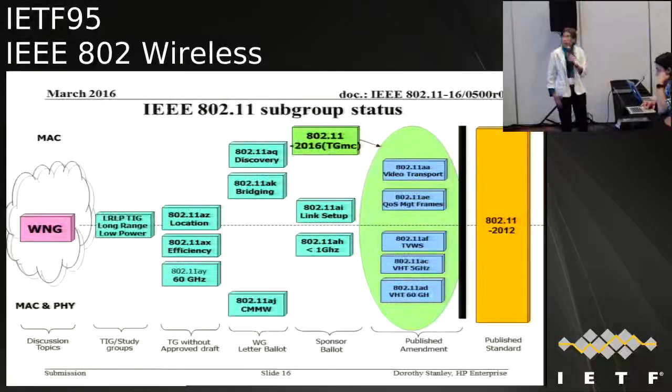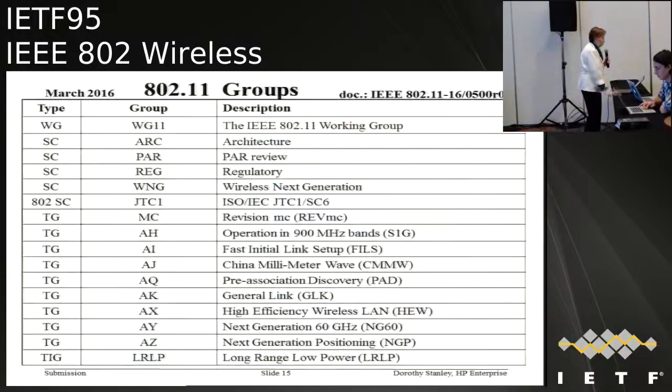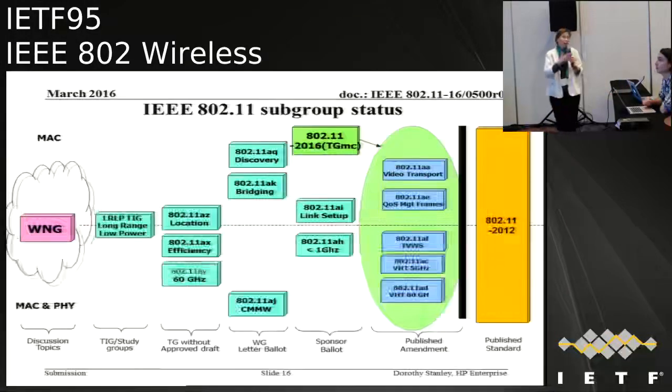Okay, here is a slide that shows among the active task groups that you just saw a list of, where are they along the timeline continuum of development? So if I had a pointer, I'd walk over there and point to the TIG and study groups, right? Those are in the earliest development phases. So those are like BOFs on the left.